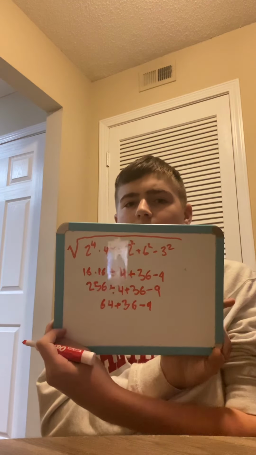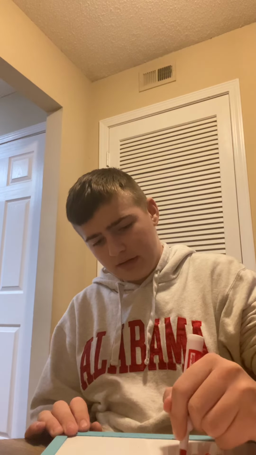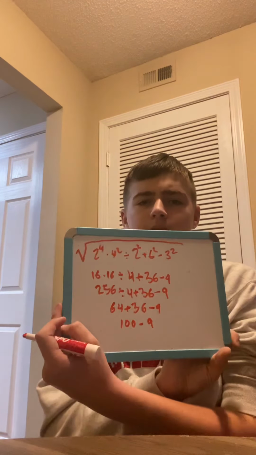We do 256 divided by 4 first, because we're using PEMDAS. We get 64 plus 36 minus 9. And then we get 100 minus 9. And then we get 91.